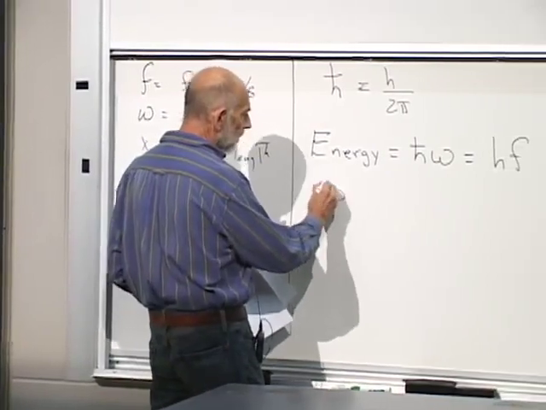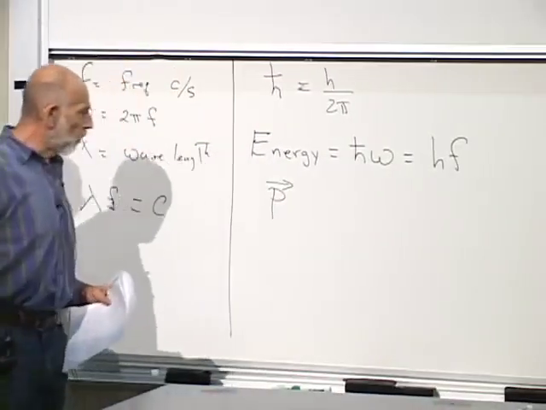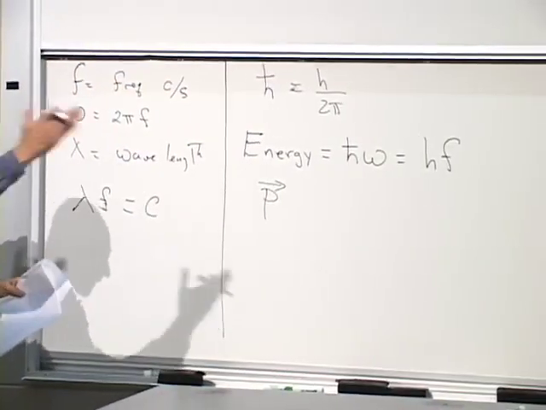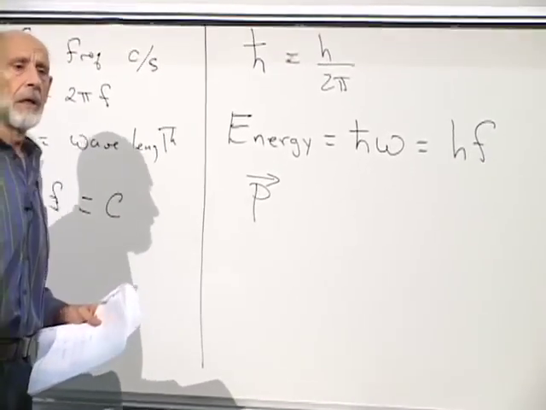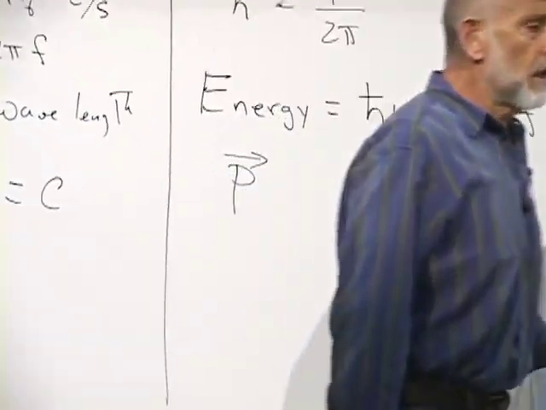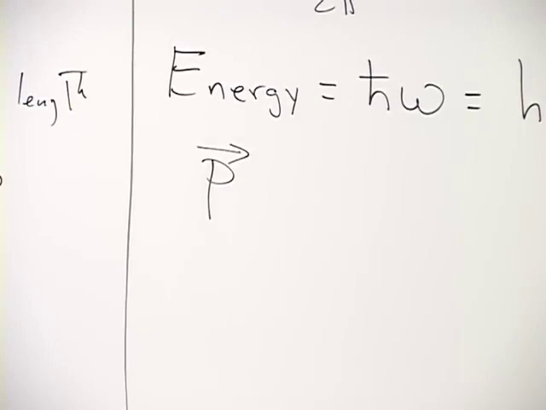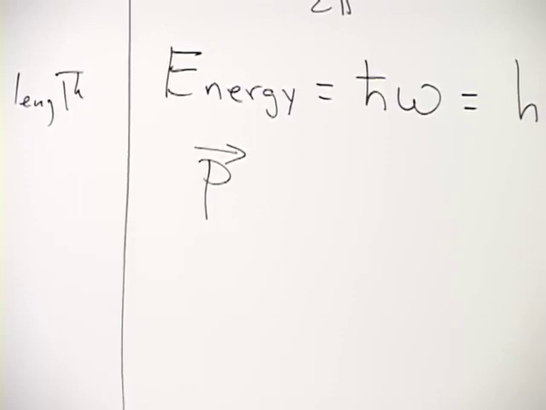Momentum is a vector. It points in a direction, points typically in the direction of motion of an object. It's defined by being conserved.